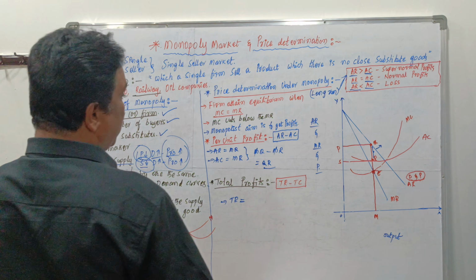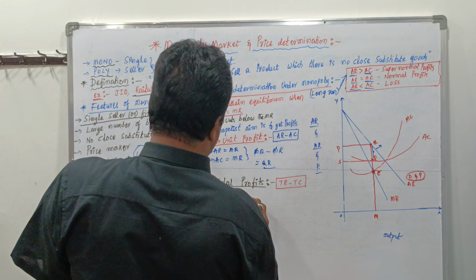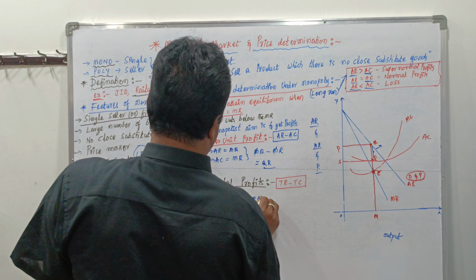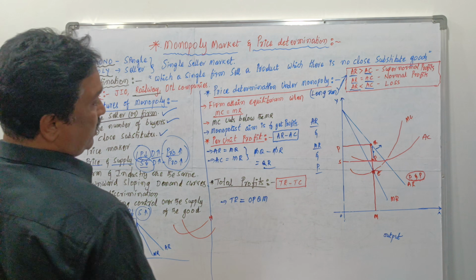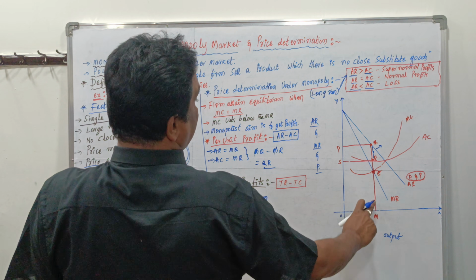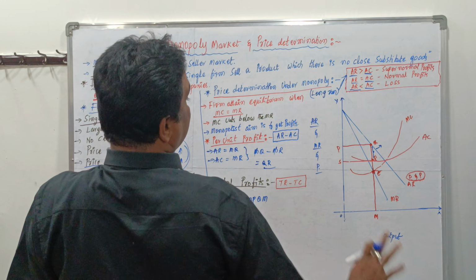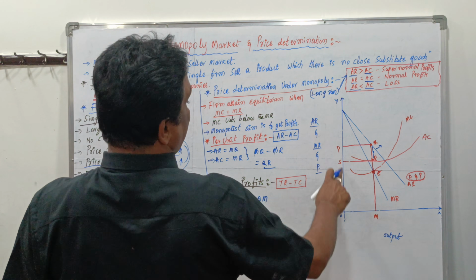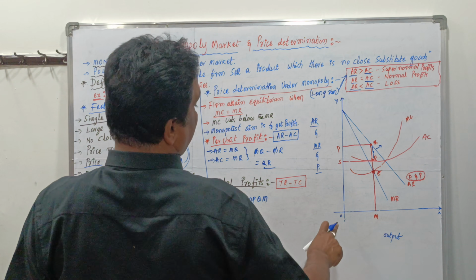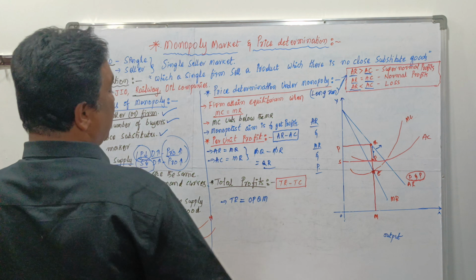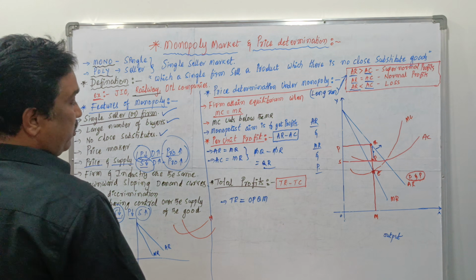Because the average revenue curve touches the point Q, this total area is the total revenue. OPQM is the total revenue.